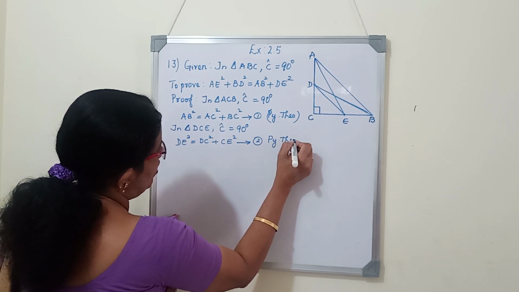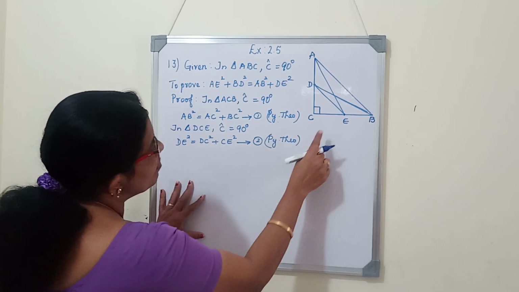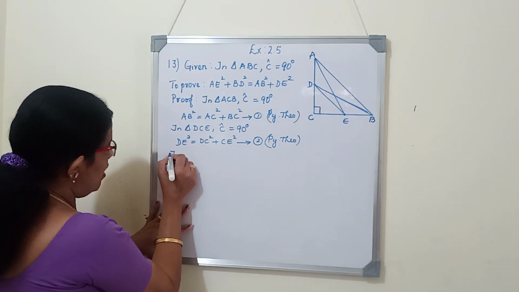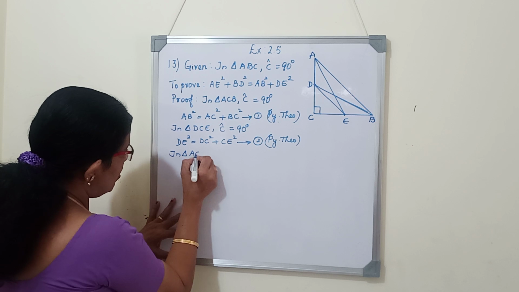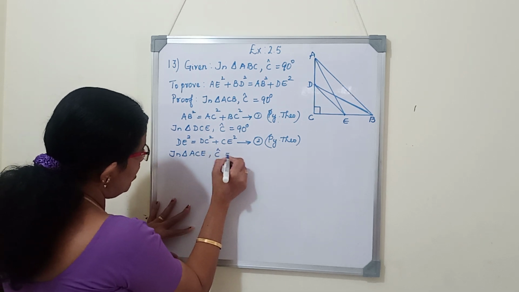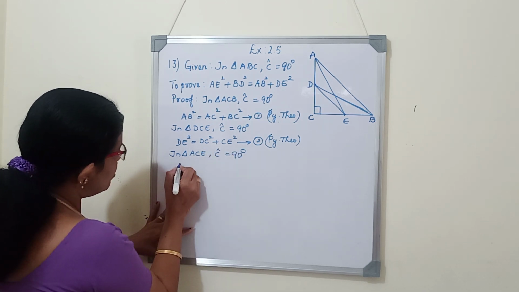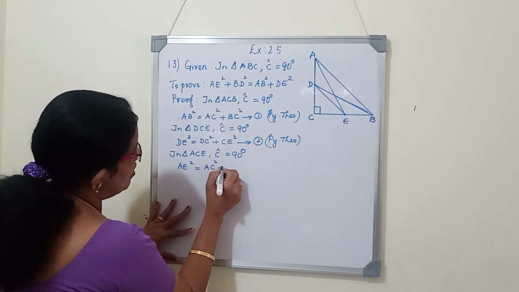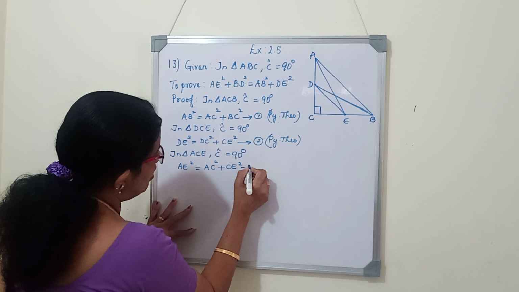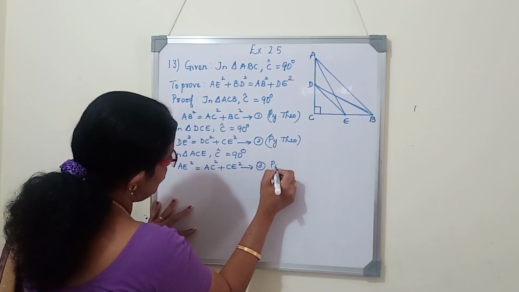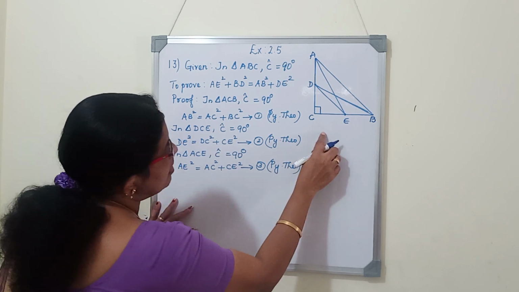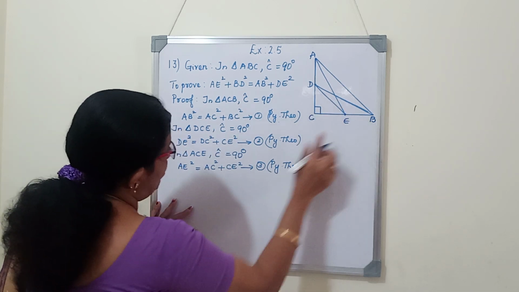Pythagoras theorem. Next triangle is AEC, triangle ACE. In triangle ACE, angle C is 90 degree. AE square equals AC square plus CE square. Equation 3. And the last triangle is BCD.